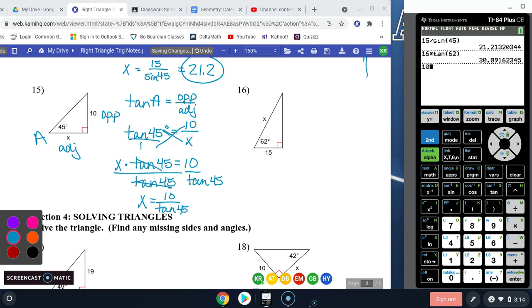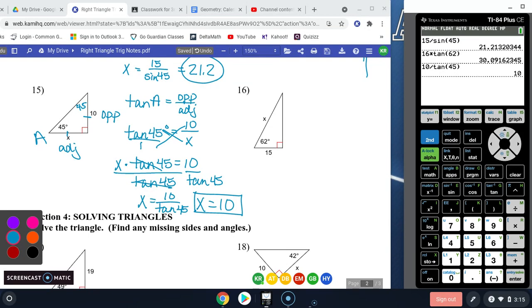So I can go 10 divided by tangent of 45, and it's going to be 10. If you think about it, that makes sense, because if this is a 45-degree angle, then the other one is a 45-degree angle. You have an isosceles triangle here. So if this side is 10, then my side with x is going to be 10 also.